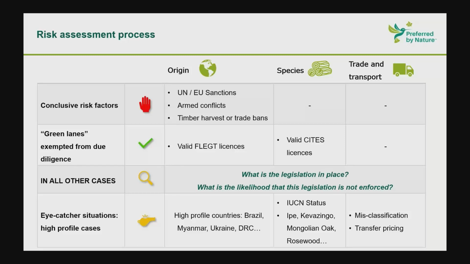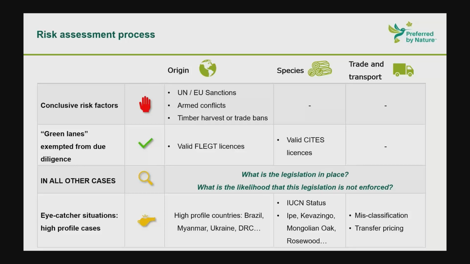Then you have 2 green lanes based on origin and species, which are cases where your material is exempted from due diligence, such as products whose customs codes are not included in the annex. There are 2 cases for which you don't have to conduct further due diligence on timber products. And those 2 cases are origin, if you have a valid FLEGT license, and species, if you have a valid CITES license. I will come to that in the next slides, just to detail a little bit.